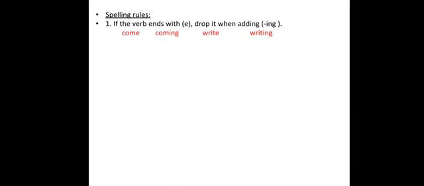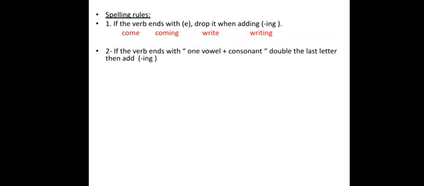There are some spelling rules you need to know before adding ing. The first one, if the verb ends with the letter E, drop it when adding ing. When we have the letter E at the end of the verb, for example, the verb come, when we add ing, remove the letter E, the same for write.